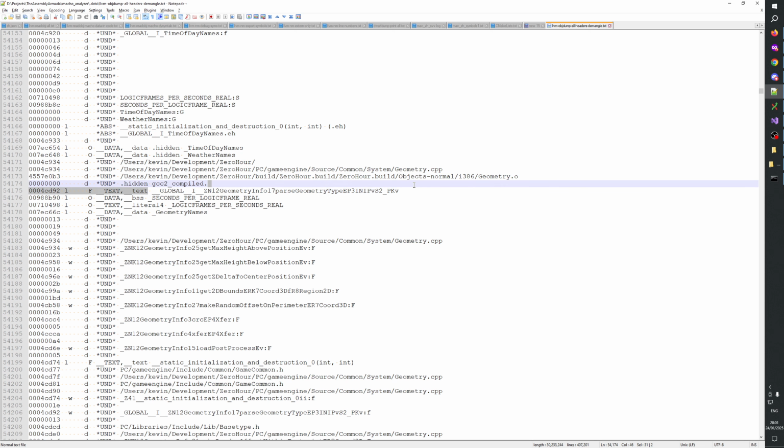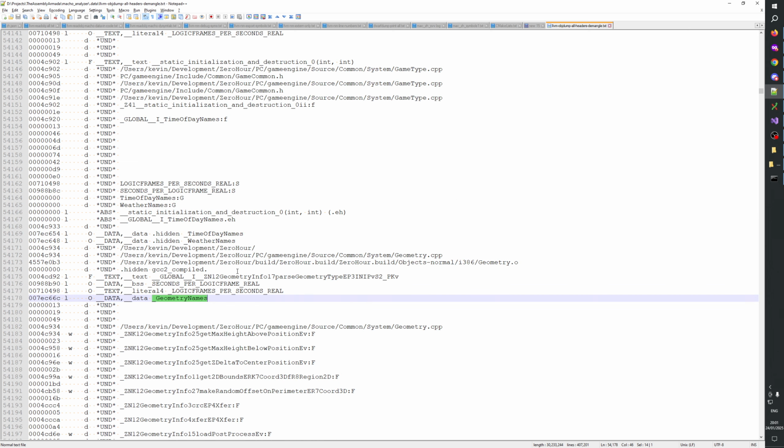This one is not demangled. We don't fully understand all the things here. I don't know what this L and this O mean. F is probably a function. O object, I don't know.